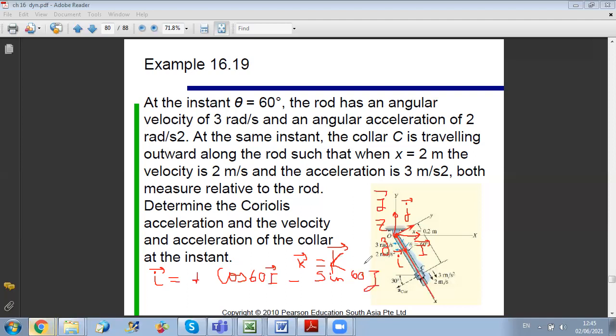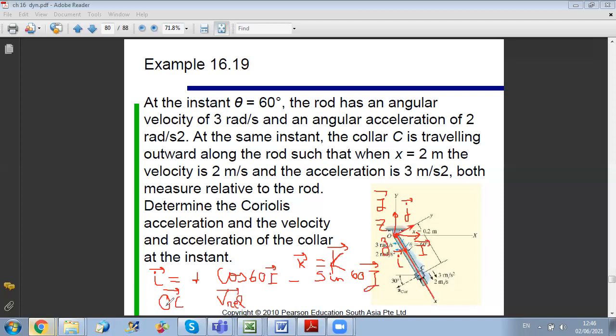Now, which frame to use? It depends which is easier. For example, here, we want to determine the following terms. We have the OC vector in our expression. We have also V relative, and omega here is along K. Small k and big K are the same.